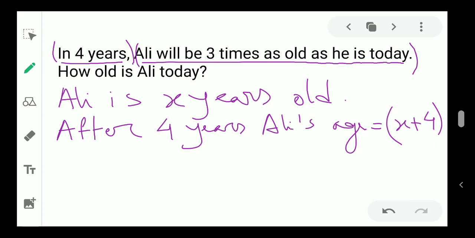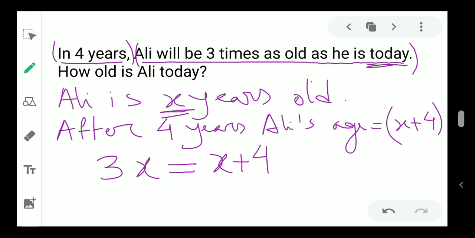Okay, that time, in 4 years Ali will be 3 times as old as he is today. So he is today x, and he will be thrice of present age, that means he will be thrice of x when he will be 4 more years old, so that is x plus 4.